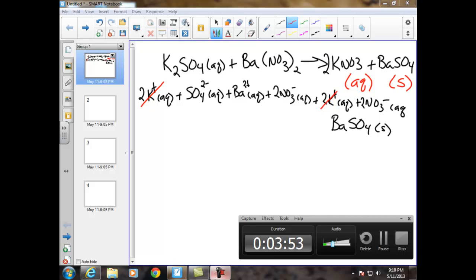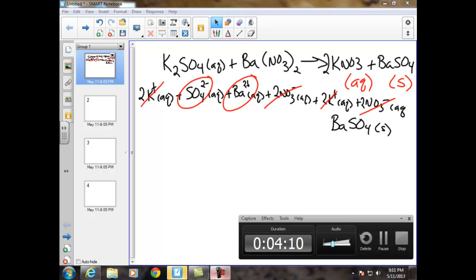I also got 2 nitrate ions there, and I got 2 nitrate ions there that still have not combined with anything, because the potassium nitrate, as long as it's in solution, won't actually combine. So the only thing that I actually did was combine barium and my sulfate. So that is my precipitate. If you have to identify your precipitate, barium sulfate is my precipitate. That is my solid that comes out of solution.